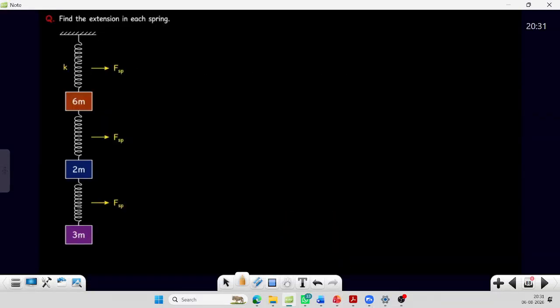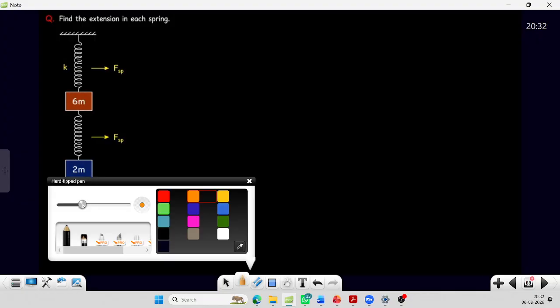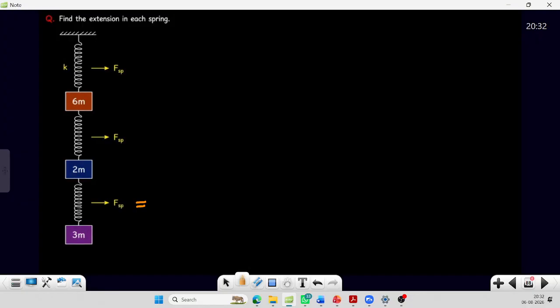Now tell me this one. So understood, the spring force is nothing but tension only. How much is the spring force here? Which is equal to 3 mg.